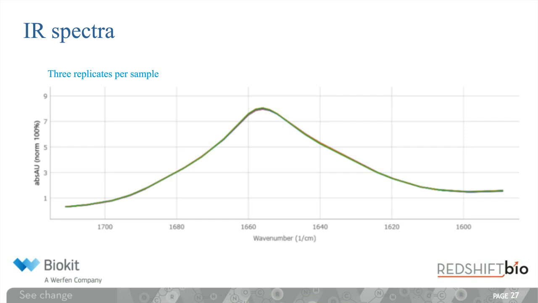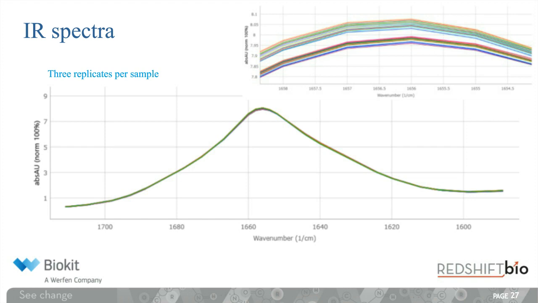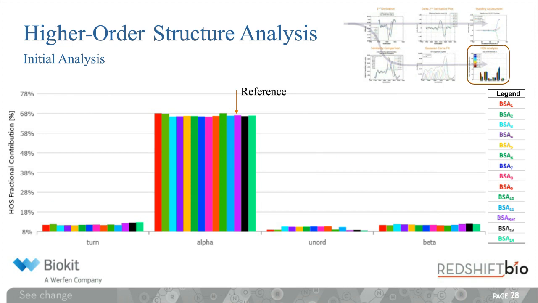However, if we zoom in, 2 differentiated groups can be observed. As mentioned before, 3 replicates per sample were performed, so they were averaged, and the internal replicate reproducibility was measured, and that demonstrated to be larger than 99.5%.